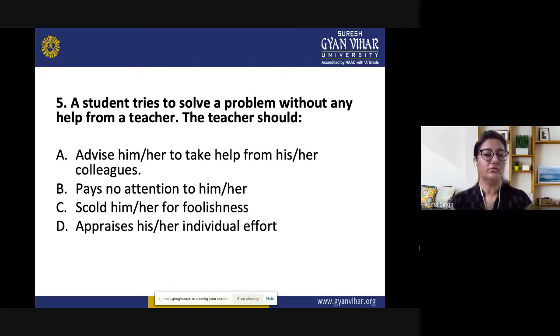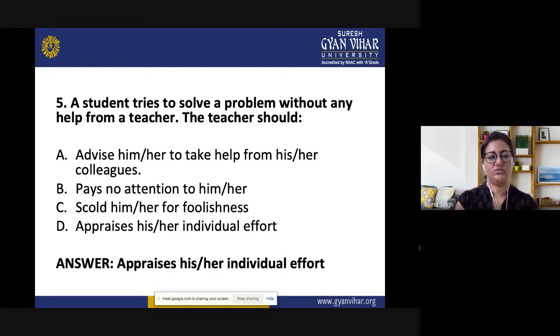Next question is, a student tries to solve a problem without any help from a teacher. The teacher should. What is the role of the teacher now? Options are advise him or her to take help from his or her colleagues, pays no attention to him or her, scold him or her for foolishness, appraises his or her individual effort. So what a teacher should do exactly if a student is trying to solve a problem without any help from a teacher?